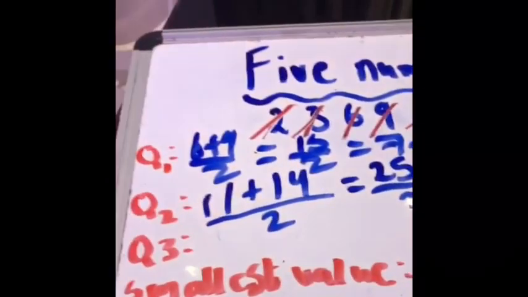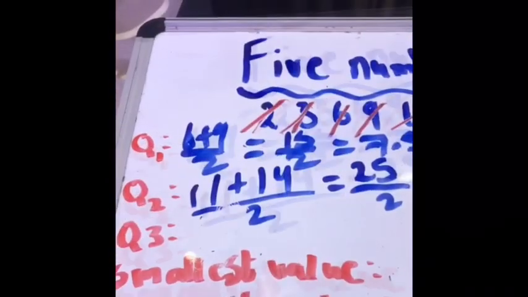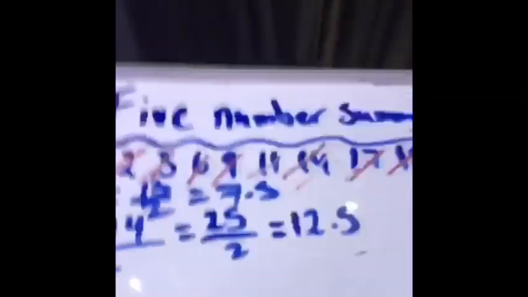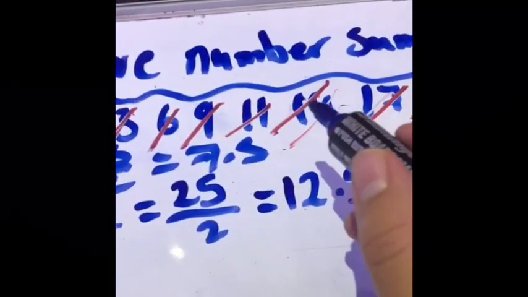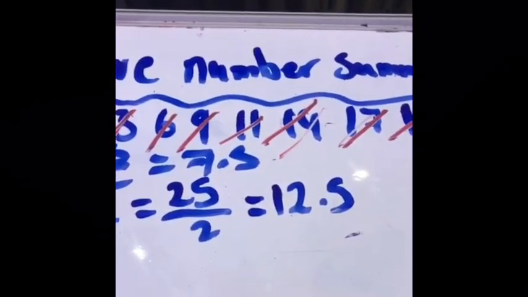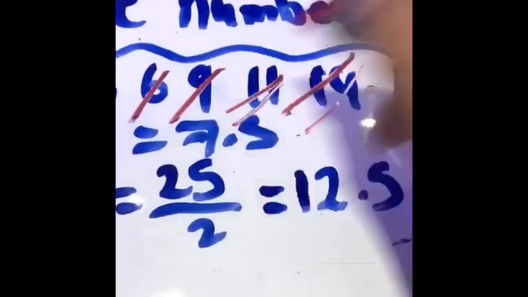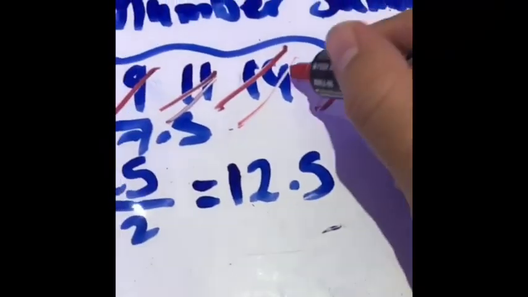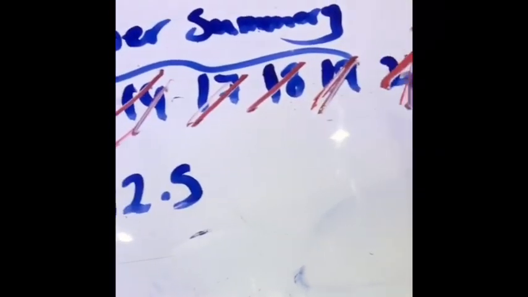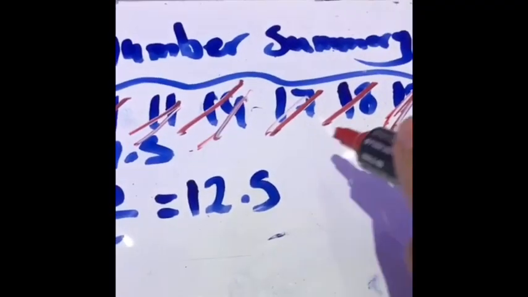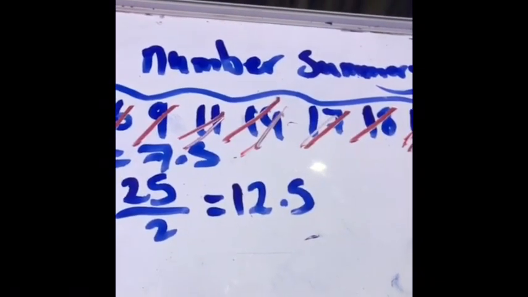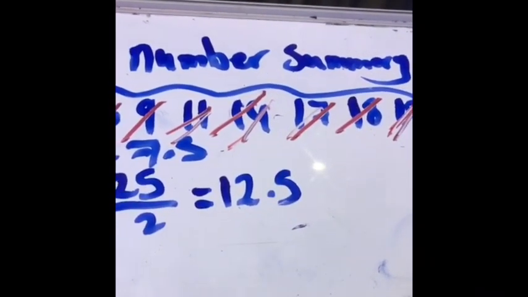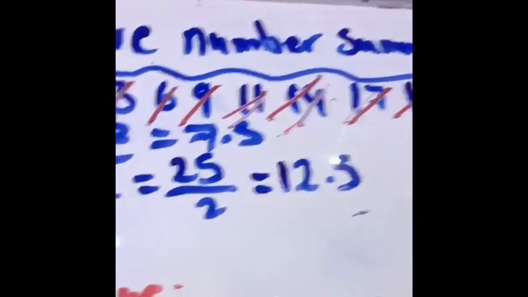Now we go to Q3. To find Q3, we consider the median as 11 because we don't have 12.5. So we repeat it again. We remove 11, we remove 23, we remove 14, we remove 19. Now we are stuck between 17 and 18. So again, we take the average. If we weren't stuck between two numbers, we take the only number that is left.